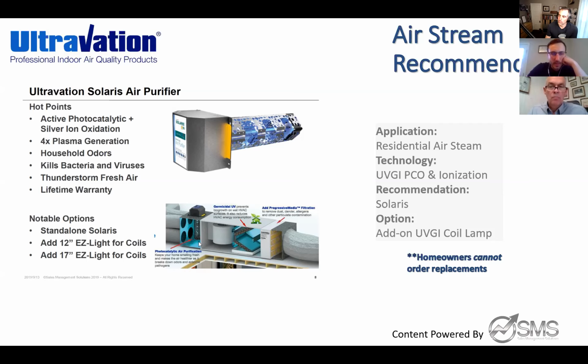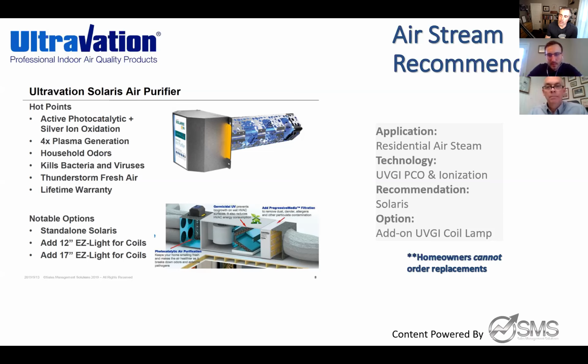That is treating the Airstream. Now, you have the option to plug in another UVC lamp that you would mount over the coils. You add that 12 or 17-inch lamp, plug it into the Solaris, and mount it right over the coils.